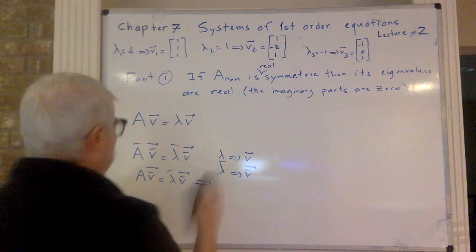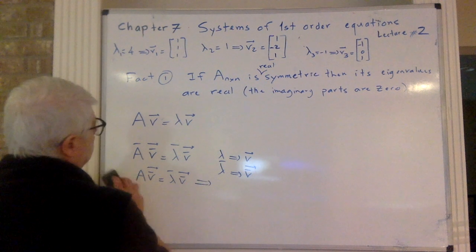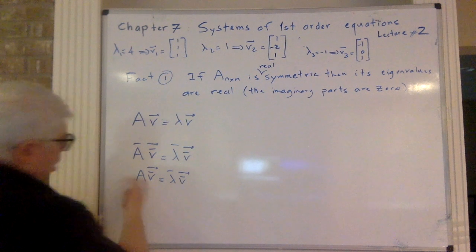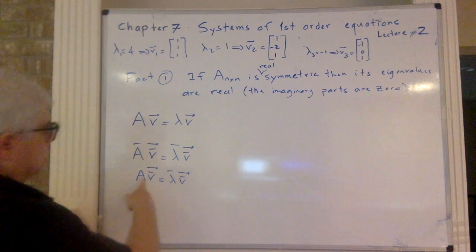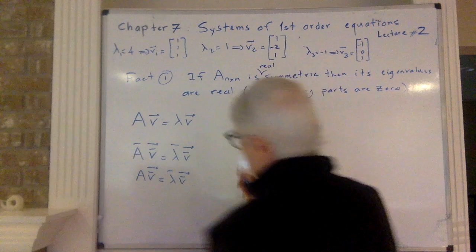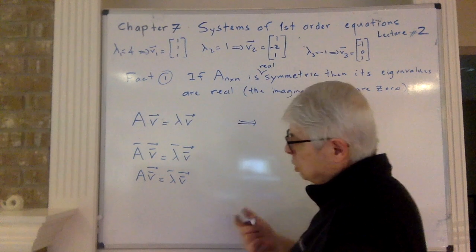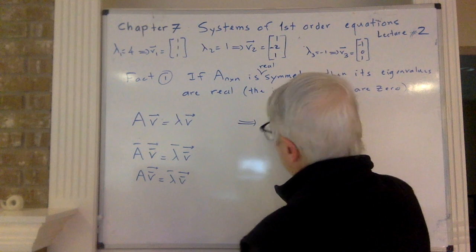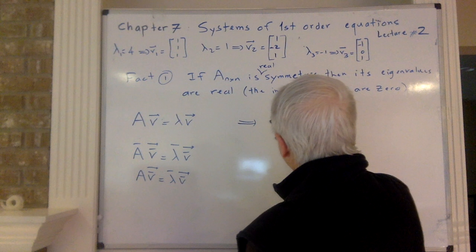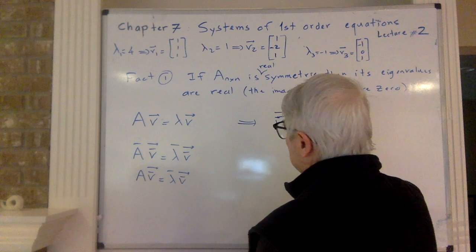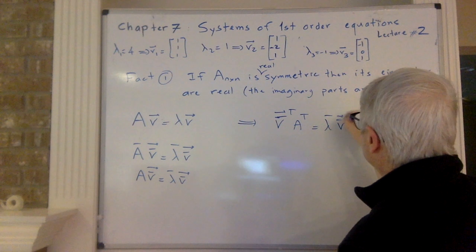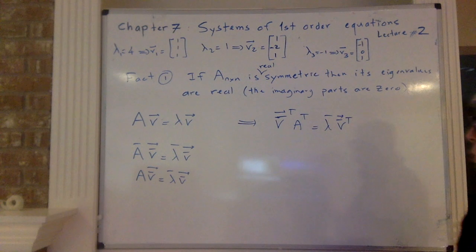Now I transpose A V bar equals lambda bar V bar. Remember when I transpose, this one flips. This one is just a constant. So I have V bar transpose A transpose, and on this side it doesn't change much, so that's lambda bar V bar transpose.